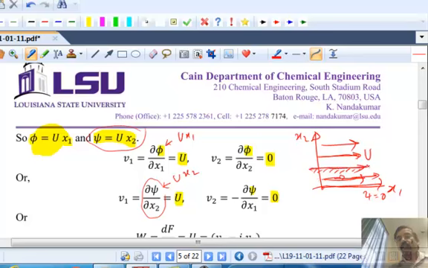And if x2 is 1, then psi is equal to 1. If it is 2, then psi is equal to 2, etc. Because psi is simply u times x2. I guess I should put 1u and 2u, etc. So any of those streamlines could be a boundary, and the ideal fluid will not know its presence at all. It will just slip past.